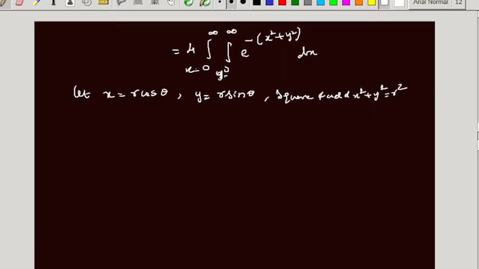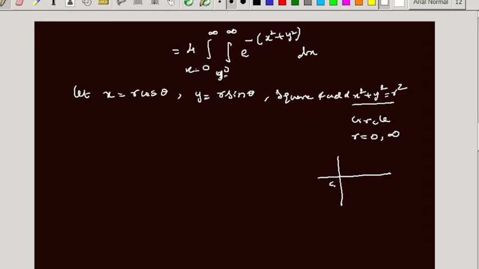So here this is a circle, center is the origin, and we are getting r square as the upper limit. R square depends upon the value of r. So the upper limit is infinity for x and y, so the limit is 0 to infinity.